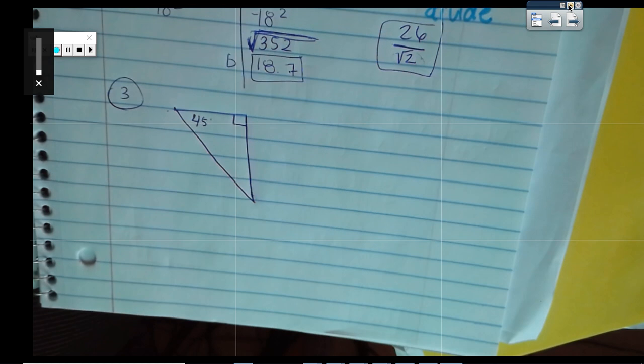On the one that we just did, we're talking about 45-90.